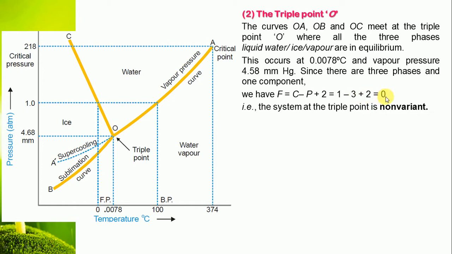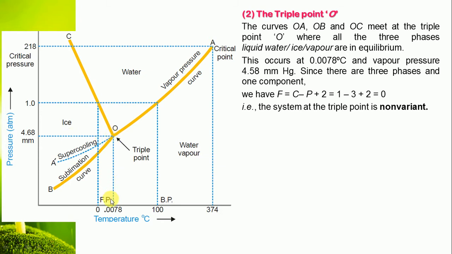After calculation, we have got F equal to 0. That means there is no degree of freedom and it is a non-variant system. What does non-variant system mean? A non-variant system indicates that you cannot change anything. You have no choice for changing the temperature or the pressure.